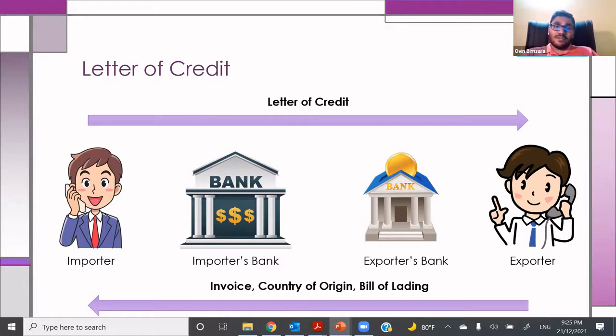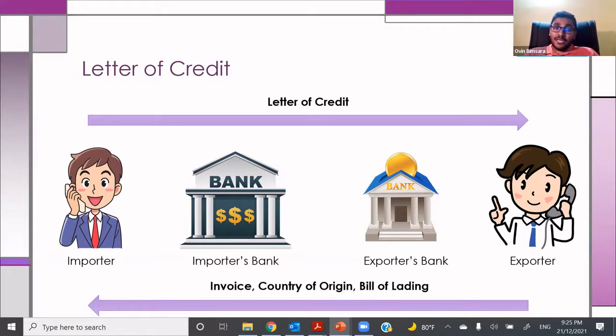So that is what we call the bill of lading. After receiving the letter of credit, the exporter will send the invoice, the country of origin letter, and the bill of lading to the importer. This is how the letter of credit works. Simply, the importer has got a credit period from his bank.